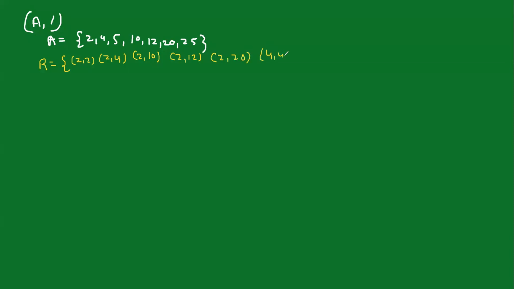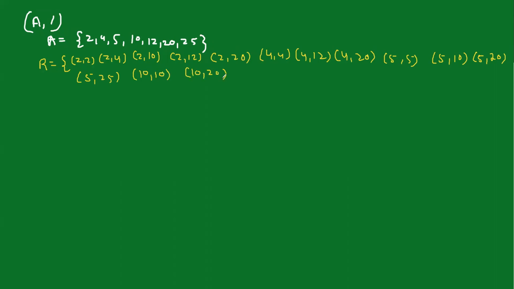Similarly 4 4, 4 12, 4 20, 5 5, 5 10, 5 20, 5 25, 10 10, 10 20, 12 12, 20 20. Right? But all pairs are not important for the hash diagram. Remove the reflexive property.